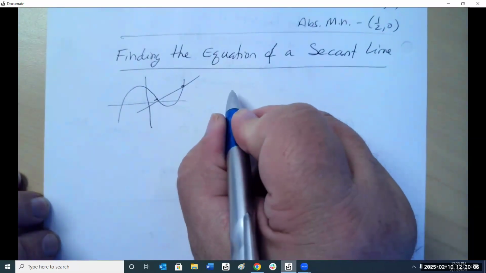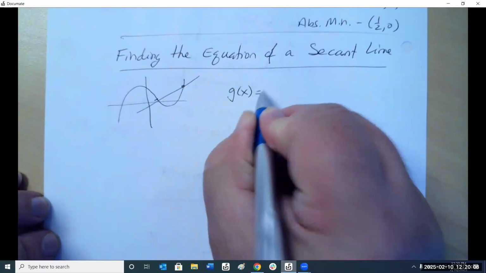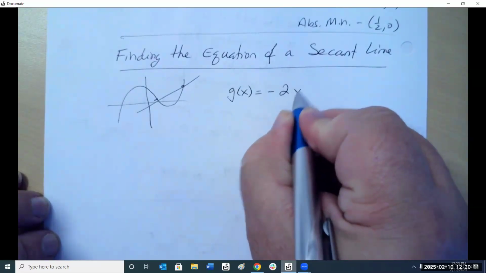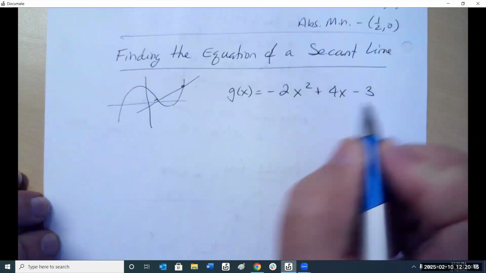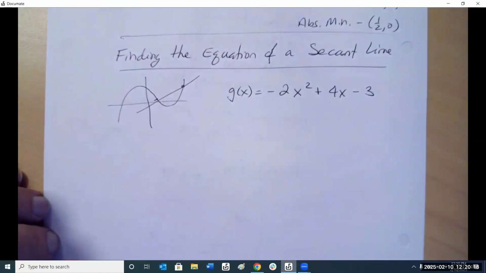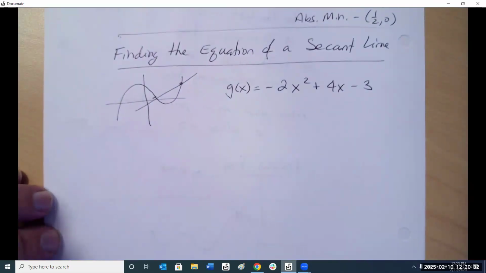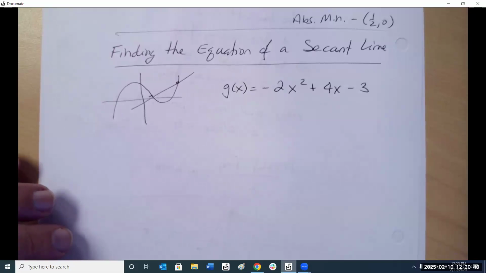So here's our example. Suppose we have this function, negative 2x squared plus 4x minus 3. First, find the average rate of change.